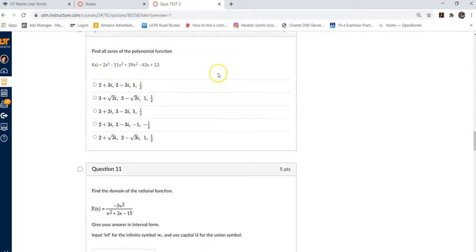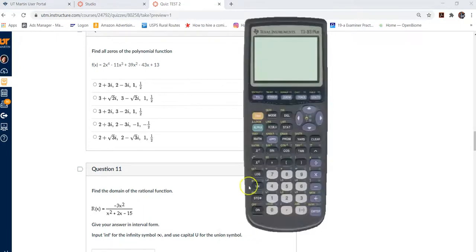Find all the zeros of this polynomial function. Goodness gracious. Okay, let's look at the graph. So 2x to the 4th minus 11x cubed plus 39x squared minus 43x plus 13.